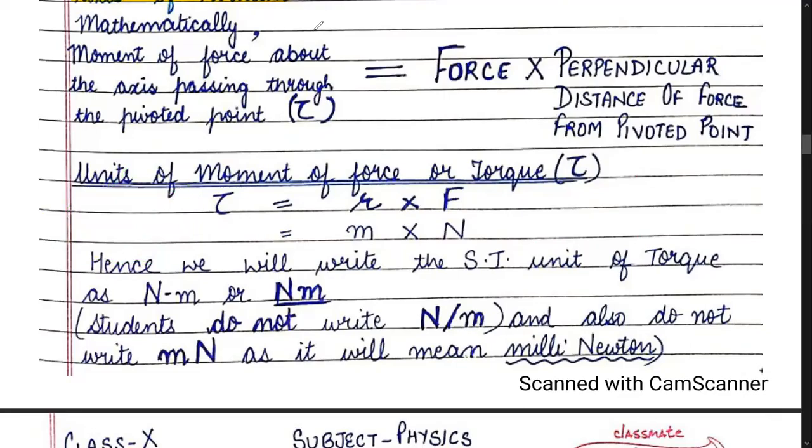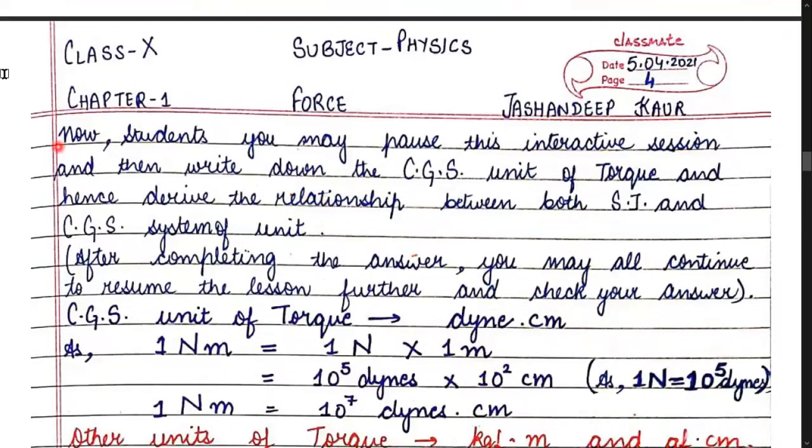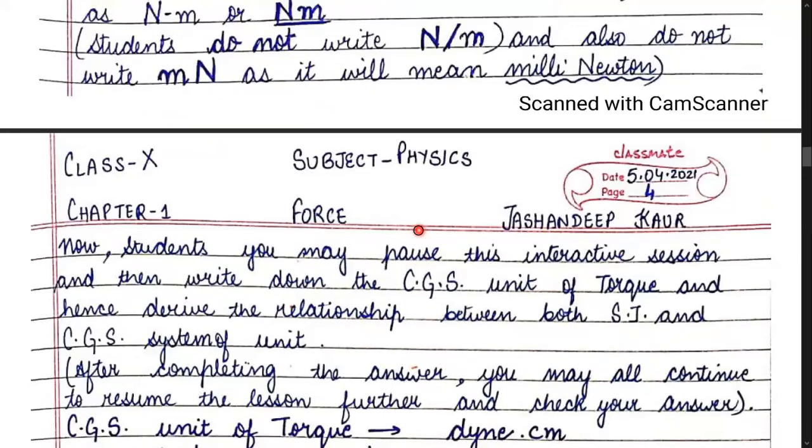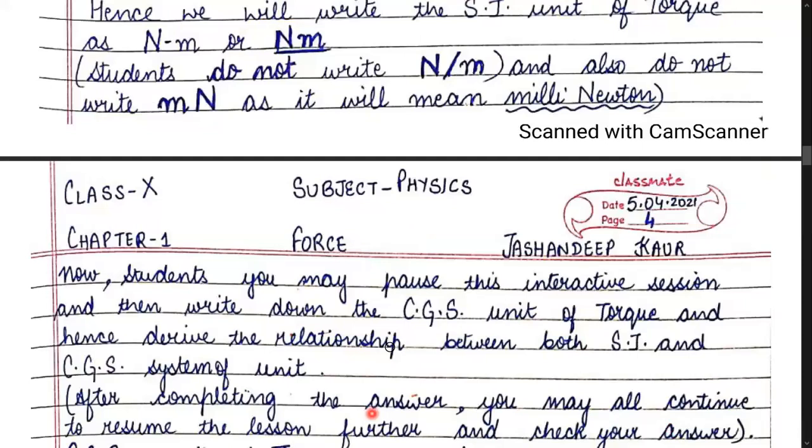Continuing further, students, since you know how to do conversions now, you may please pause this interactive session and write down the CGS units of torque and hence derive the relationship between both SI and CGS system of units.